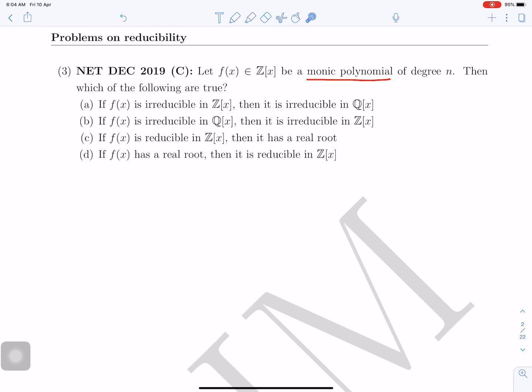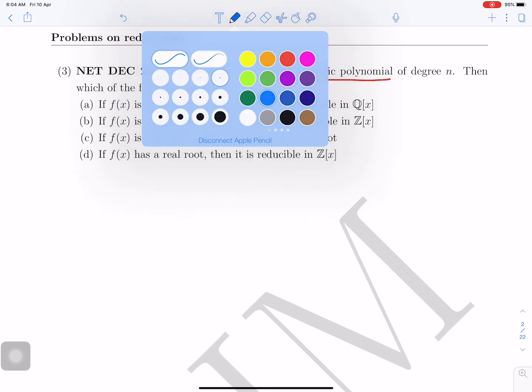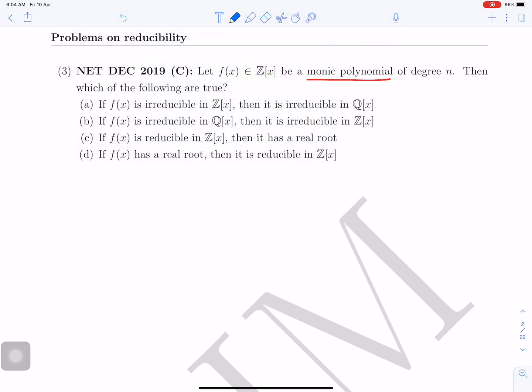Before going to the solution of the problem, let me recall the definition of a monic polynomial and a result regarding that.